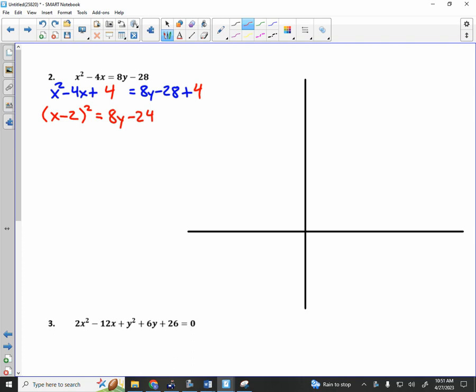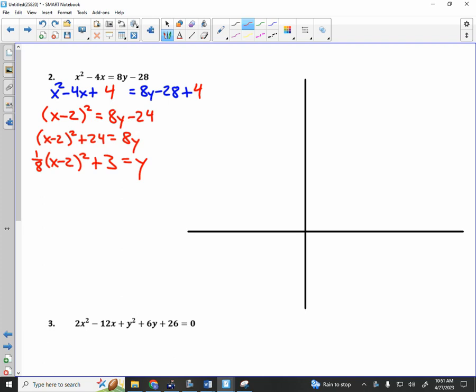It's just better to add the 24 first. Now instead of taking an 8 out, we will divide by 8. And so you get 1/8 times x minus 2 quantity squared plus 3 is equal to y. Remember, I divide everything. You're okay with my 1/8 and my 3?